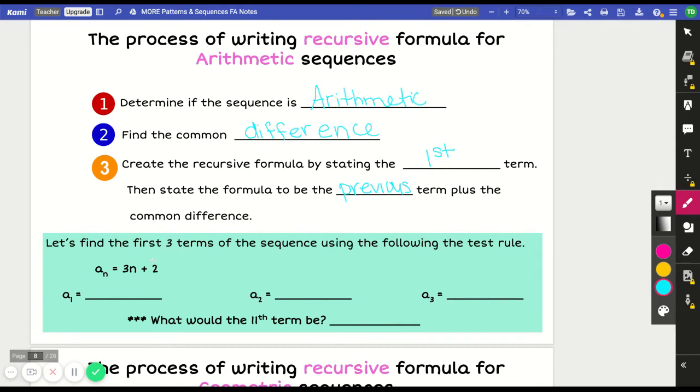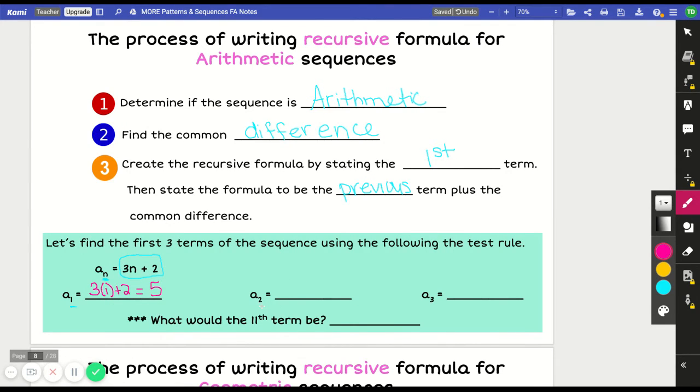So let's find the first 3 terms of the sequence using the following to test the rule. Here's our rule. Okay, so wherever you see n, you're going to plug in what n is equal to on the left side. So here we have a sub 1. So if n is 1, we're going to plug that into the equation. 3 times 1 plus 2. 3 times 1 is 3, plus 2 is 5.